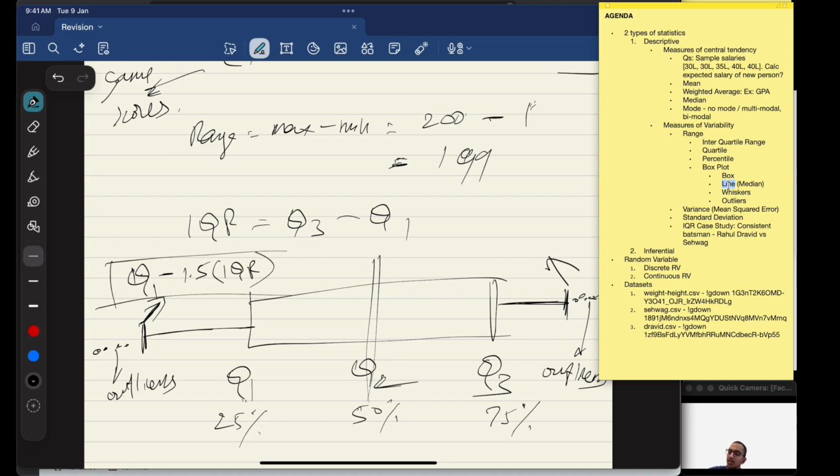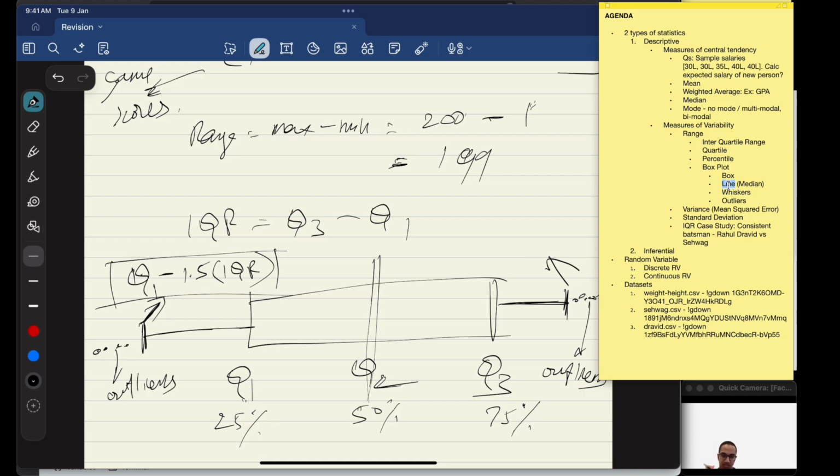Why 1.5 and all that? That's the number that statisticians came up with after trial and error. This is just something that you have to remember. There are some things in statistics that you will see, some fixed accepted values that everybody uses, like when taking sample sizes, they will say minimum 30 samples.